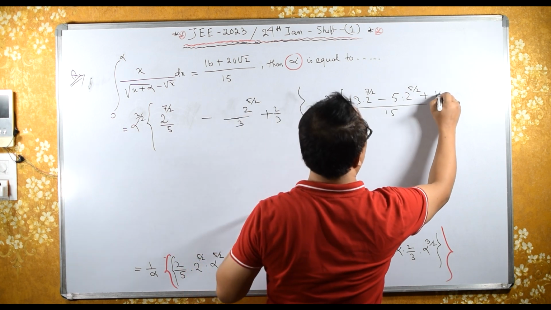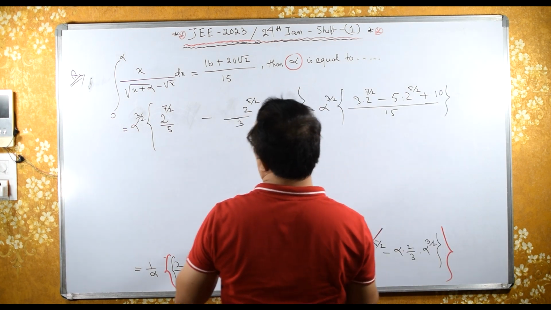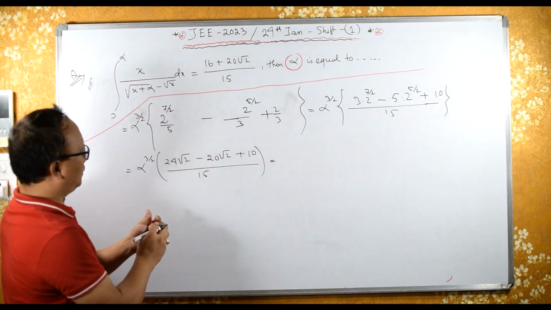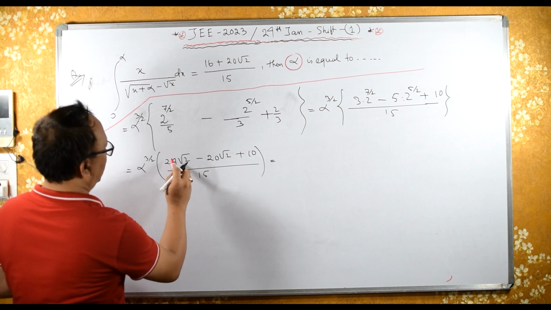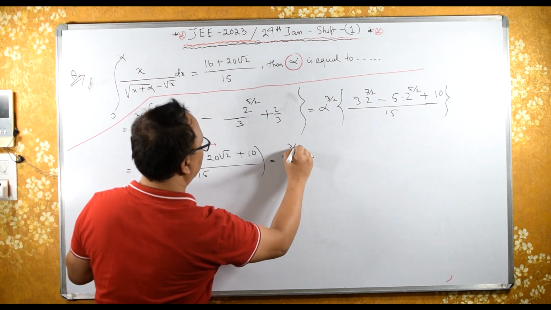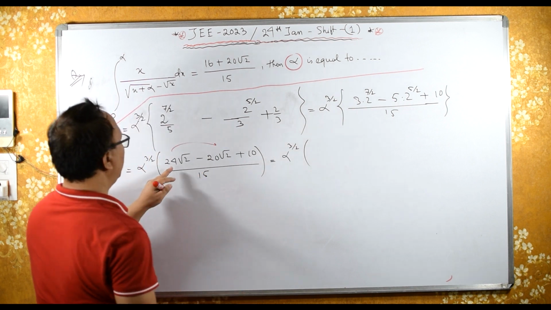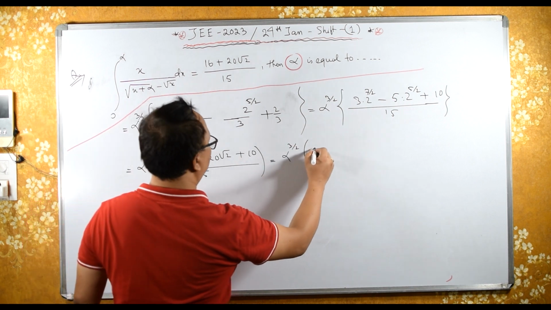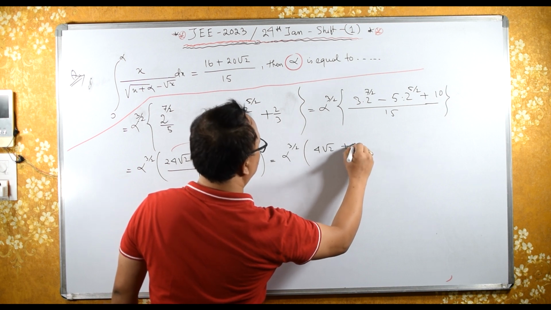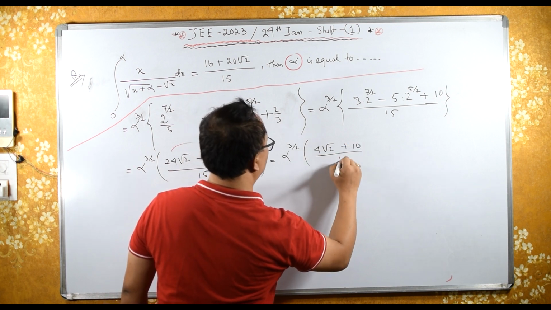It equals, now we can subtract over here. It will become alpha raised to 3 by 2, 24 minus 2, which is 4 root 2 plus 10 upon 15.